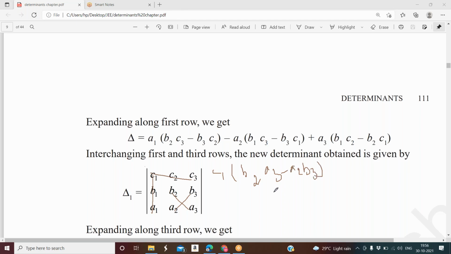This is A2. And what is C2? C2 is A12, next element. So minus 1 per 1.